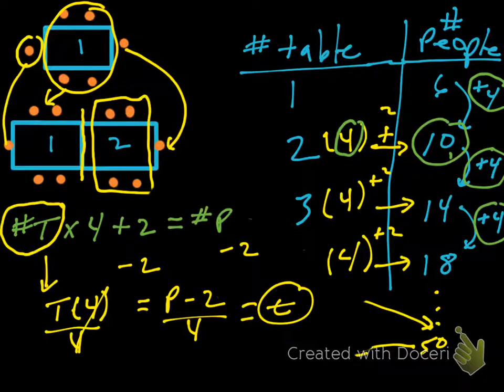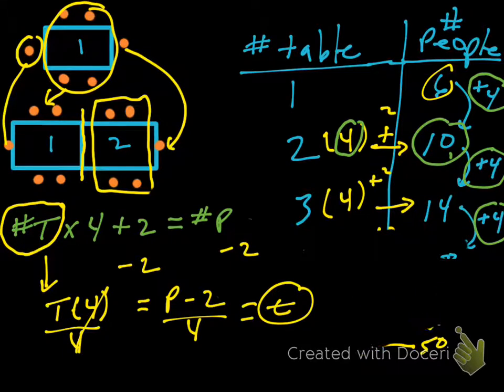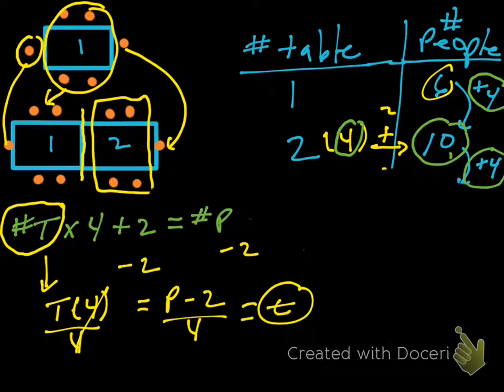So that's our algorithm, or our formula. Let's see if this works with some of the simpler examples. Let's try it with 6 people. Let me change a color here.